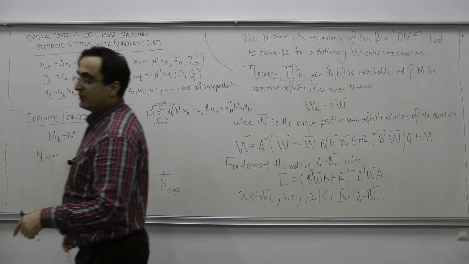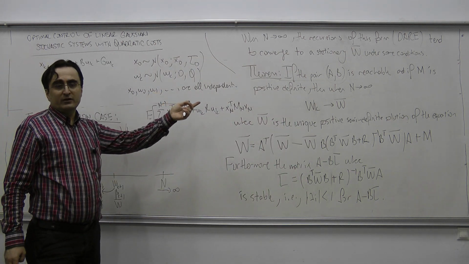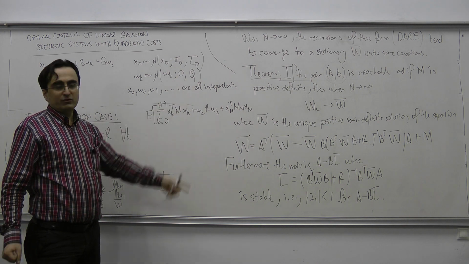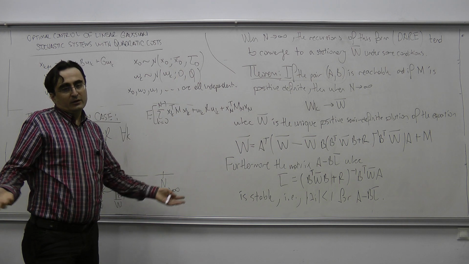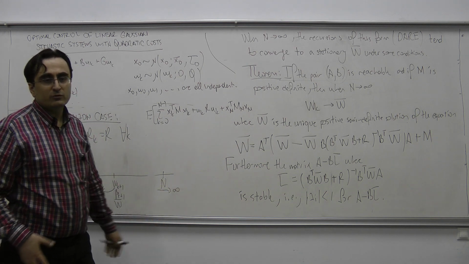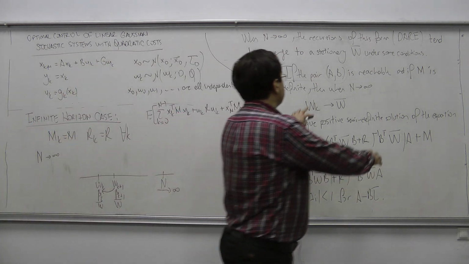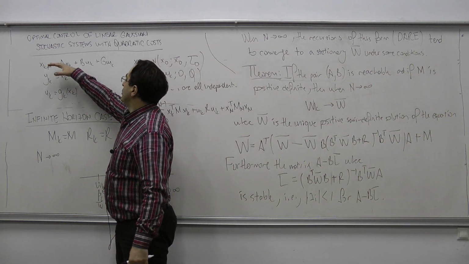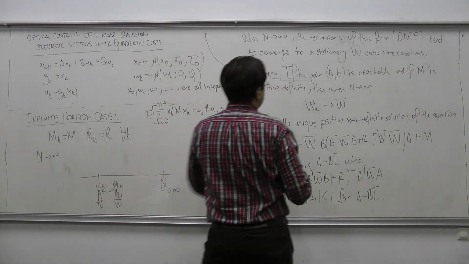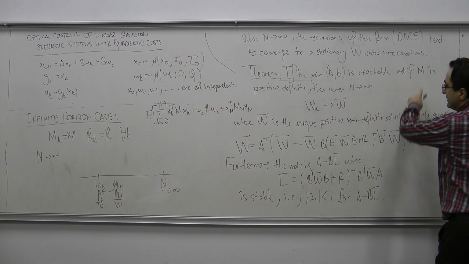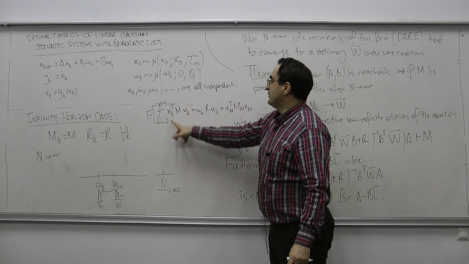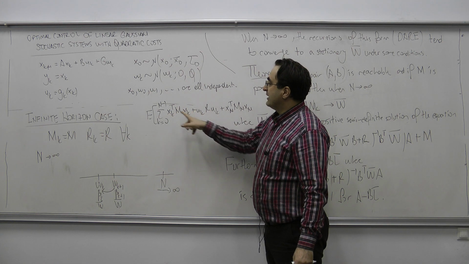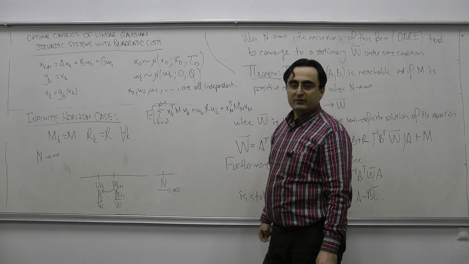This doesn't mean that when these sufficient conditions are not satisfied, convergence cannot happen. When these sufficient conditions are not satisfied, then anything can happen. There might be convergence or there might not be convergence. But if these conditions are satisfied, if this input can control all of the modes of this system, this is the reachability of A, B, and if M is positive definite, then that means that it punishes all modes of the state here.